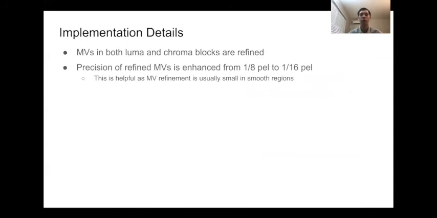We also enhance the precision of the refined MVs from 1/8 pel to 1/16 pel. This is helpful because the MV offset or the quantity of the MV refinement could be small in many cases, especially for smooth regions. And this helps the prediction quality.